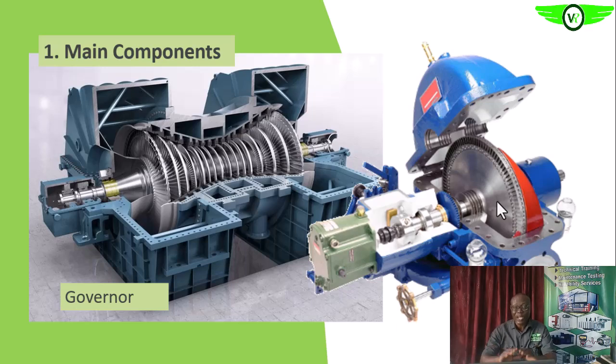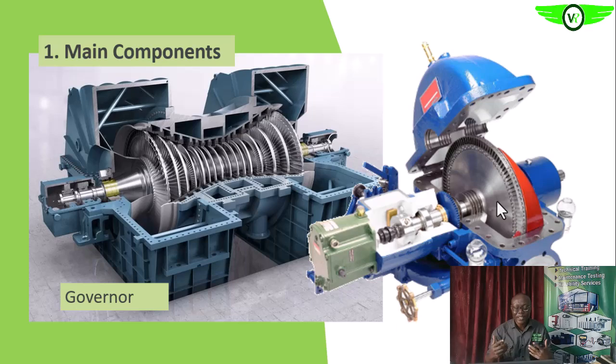We will look at it in more detail later, but these are the various components of the steam turbine. We have the casing, we have the rotor, we have the nozzle, which are the blades on the stationary part of the turbine. Then we also have the rotor blades, which actually convert the kinetic energy in the steam into rotating mechanical energy. We have the bearing that, apart from supporting the weight of the rotor, helps to ease the rotation of the shaft on its axis.